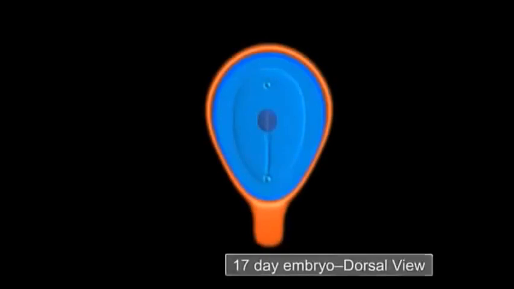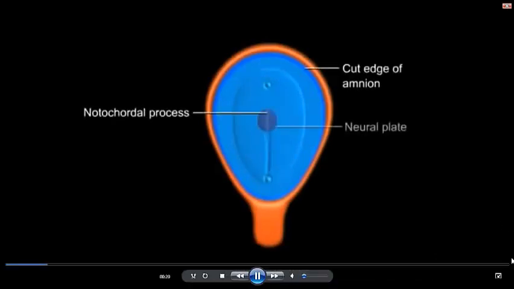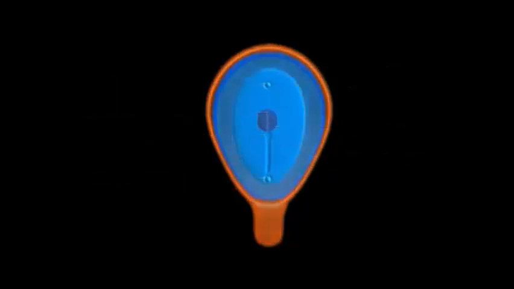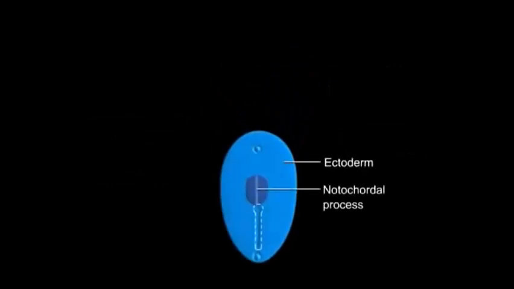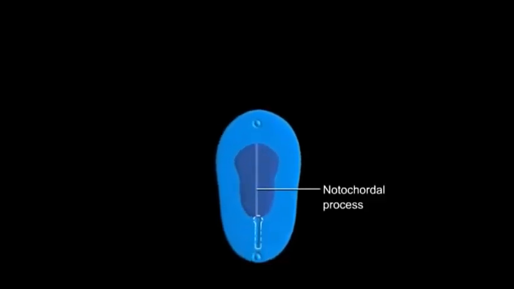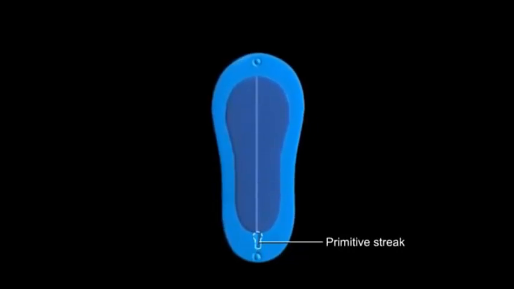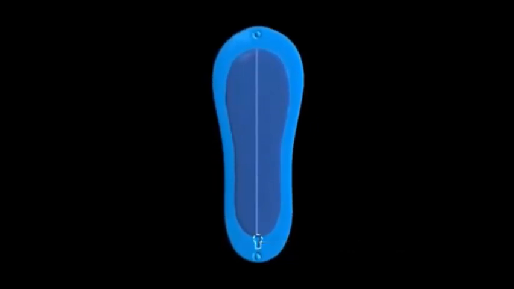Okay, this is again an aerial view. The notochord has appeared and has induced formation of the neural plate. You can see the notochord under the neural plate, and this is the part where it starts growing towards the primitive streak. It's expanding. Okay, and now the neural plate has increased in size.